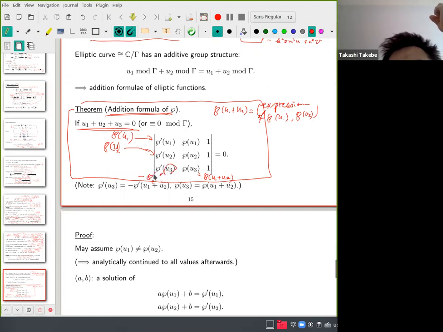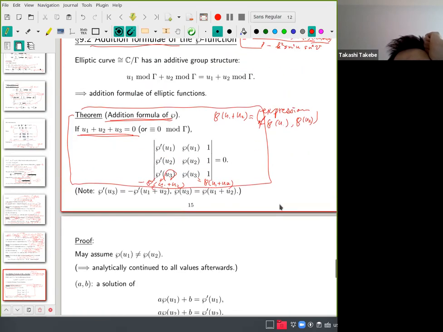So first, let us prove this simple form. And later we mention this simpler expression.